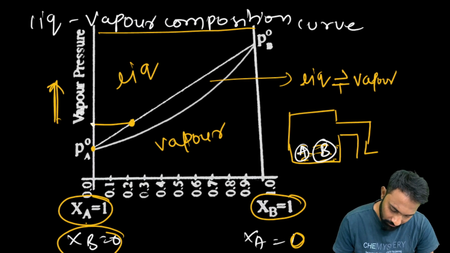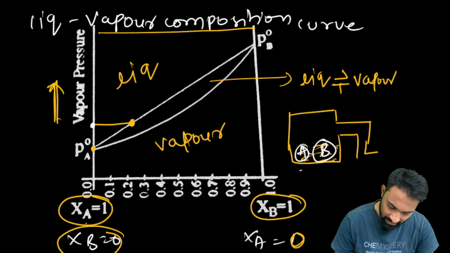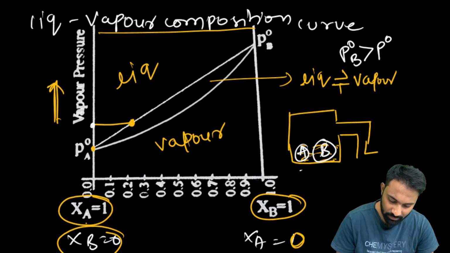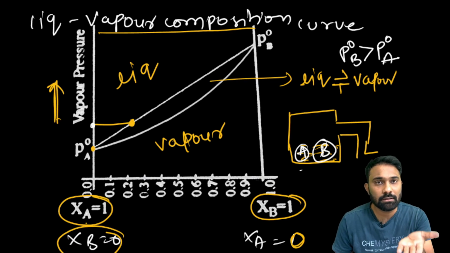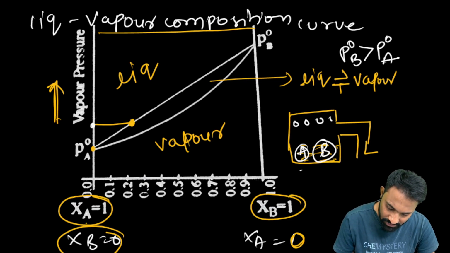For a particular pressure, for these components A and B, we are saying that the vapor pressure of B is higher than the vapor pressure of A. Vapor pressure of B is higher than the vapor pressure of A. If vapor pressure of B is high, means at low temperature it will evaporate out. Means two vapors will come.